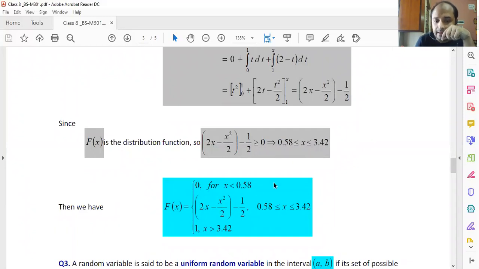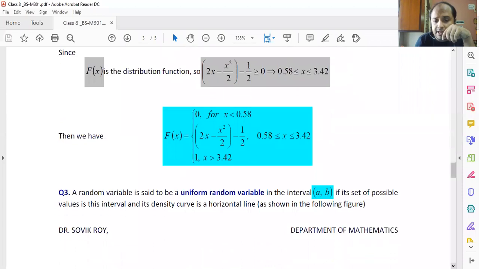When x is less than 0.58, my Fx is 0. When x lies between 0.58 and 3.42, my Fx is of this form. And when x is greater than 3.42, my Fx is 1. So this is how we calculate the distribution function if the probability density function is given.